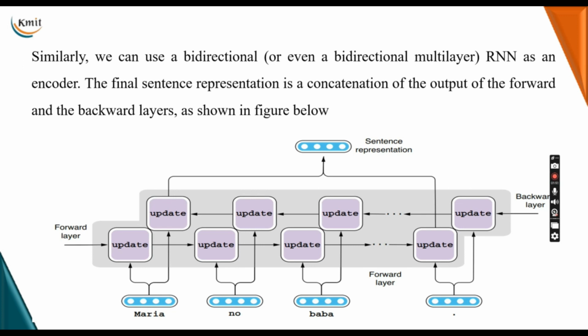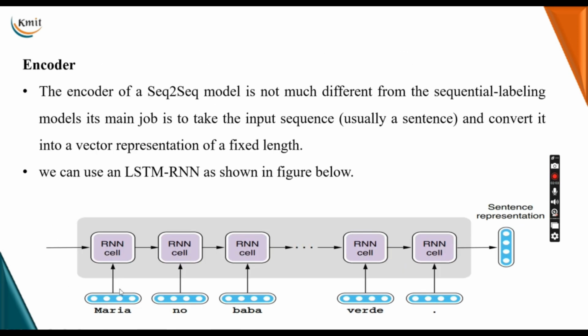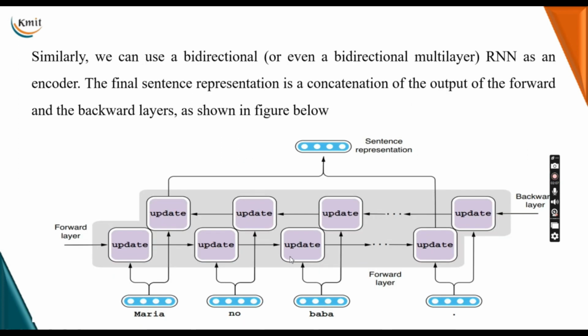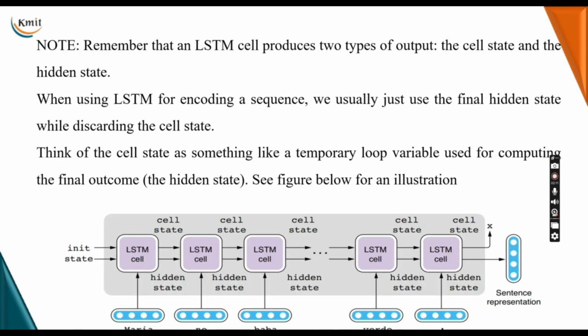In this case, the final sentence representation would be the concatenation of the output of the forward layer and the backward layer, as shown in the figure below. So not just a simple RNN, you can also use a multi-layer RNN or bidirectional RNN for the encoder block.